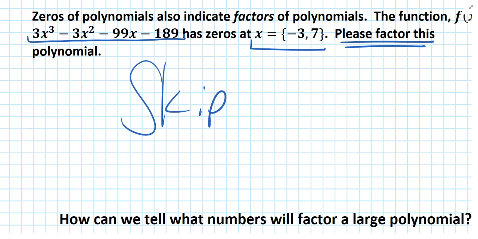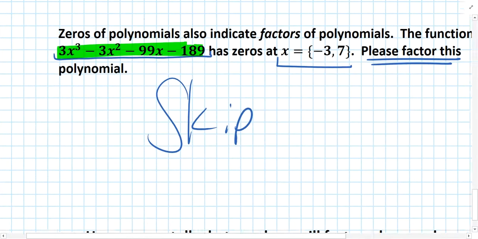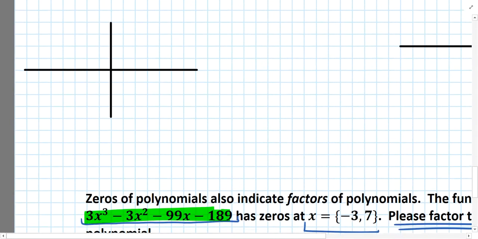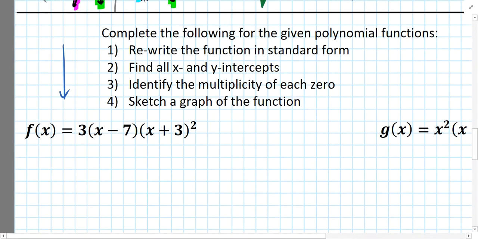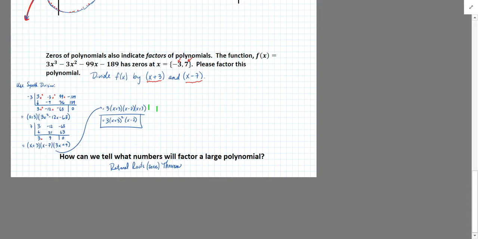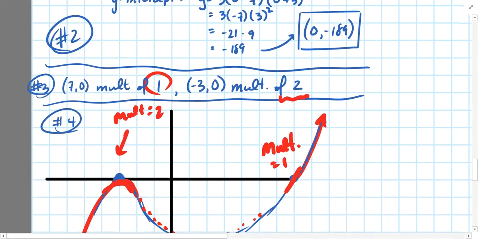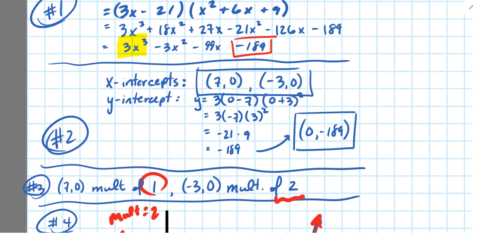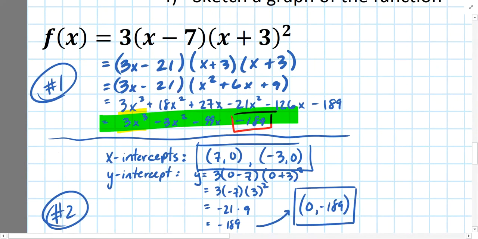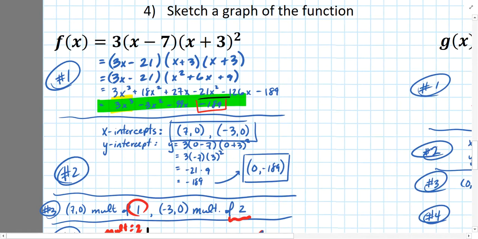Now, if you were on your toes, you would have realized that this function, 3x cubed minus 3x squared minus 99x minus 189, is awfully familiar. It is precisely the function that we were dealing with in this example just a few moments ago.